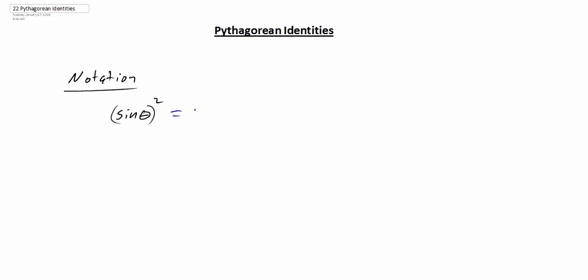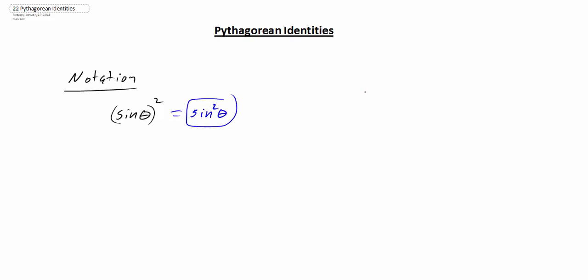The shorthand notation is to simply write sine, and then indent the square and put it here, followed by theta. This notation means the sine of theta, squared. So once again, we're going to take the sine of the angle and then square that particular answer. This is the notation you typically will see throughout solving problems.